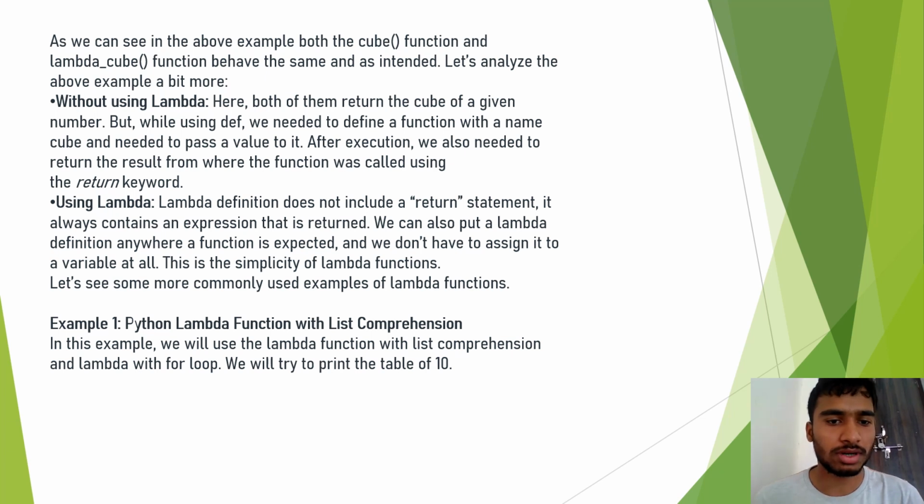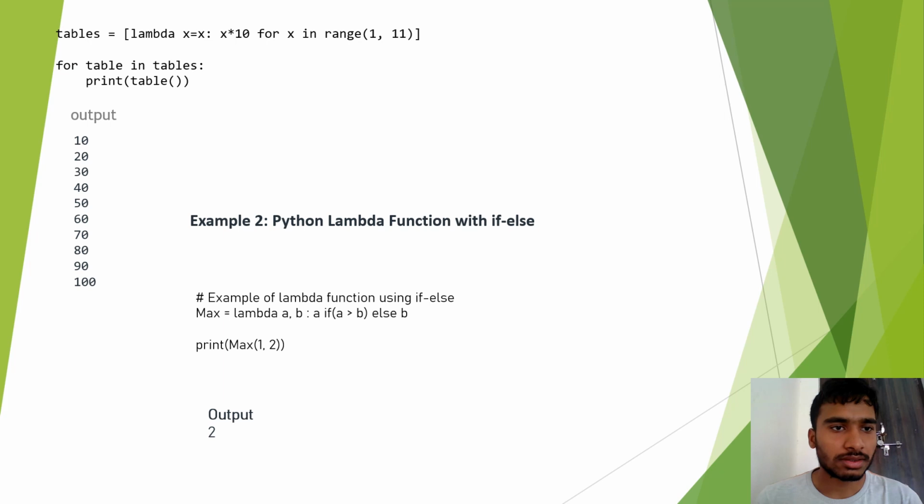Let's see some more commonly used examples of lambda functions. Example 1: Python lambda function with list comprehension. In this example, we will use the lambda function with list comprehension and a for loop. We'll try to print the table of 2. tables = [lambda expression for tables in tables], then print the tables.